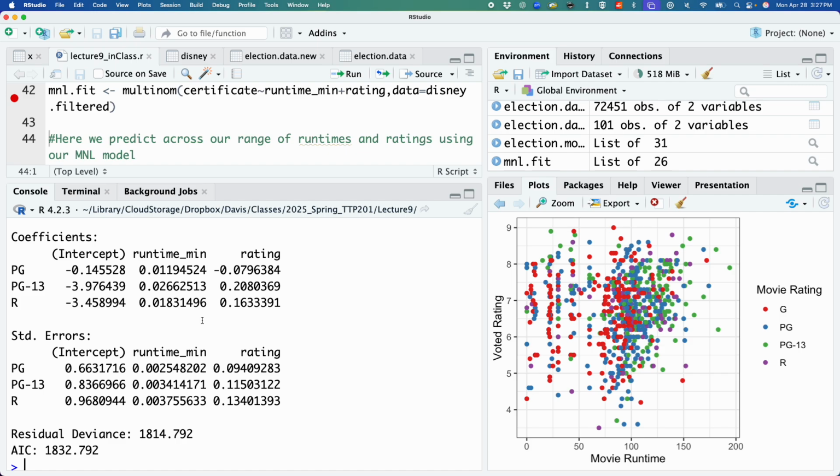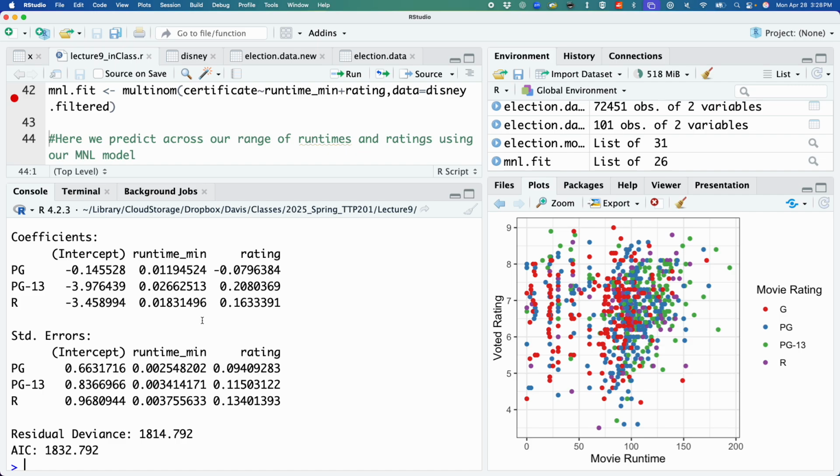And then as the rating goes up, it's less likely to be a PG movie, and more likely to be a PG-13 or an R movie, and more likely PG-13 than R as it goes up.